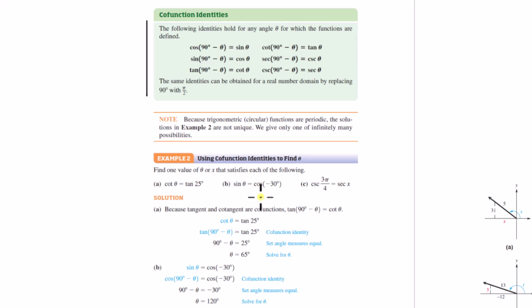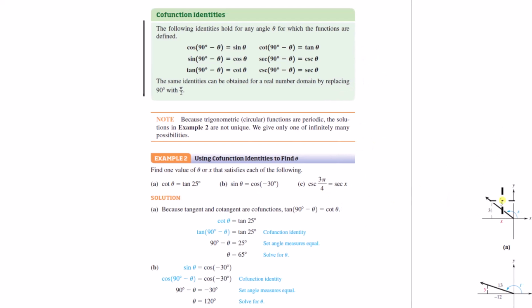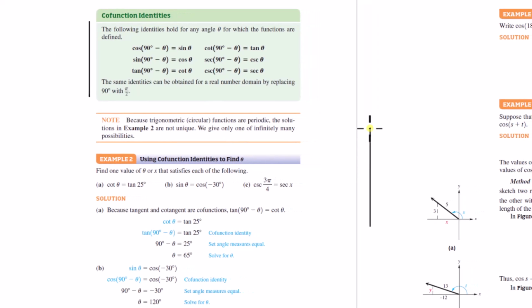Technically, I don't believe it's a correct math statement to say minus 30 and 120 are complementary, because minus 30 can't be complementary with anything, as it's not an acute angle. But for the sake of the general cofunction identities, we could go ahead and use the term complementary, even in the case of saying minus 30 is complementary to 120. And really the way you want to look at it is this.